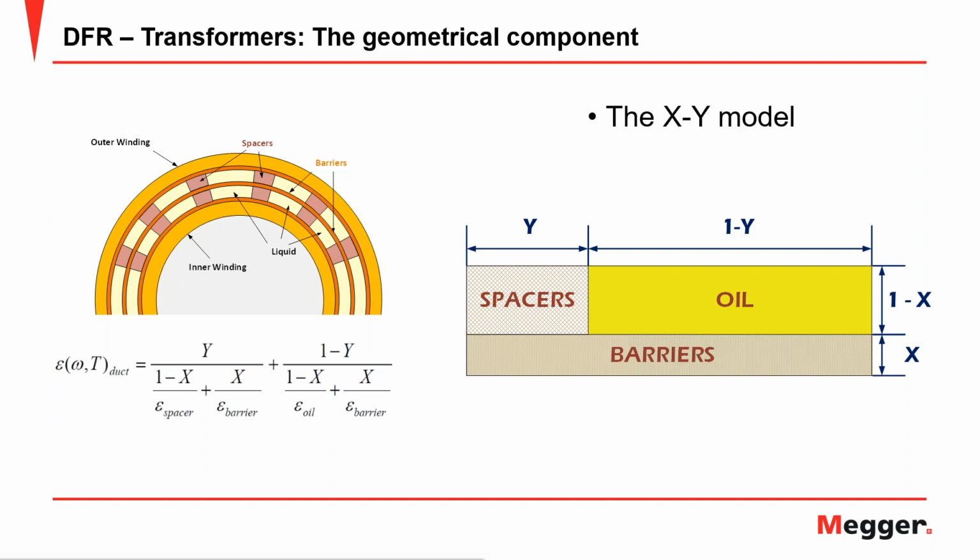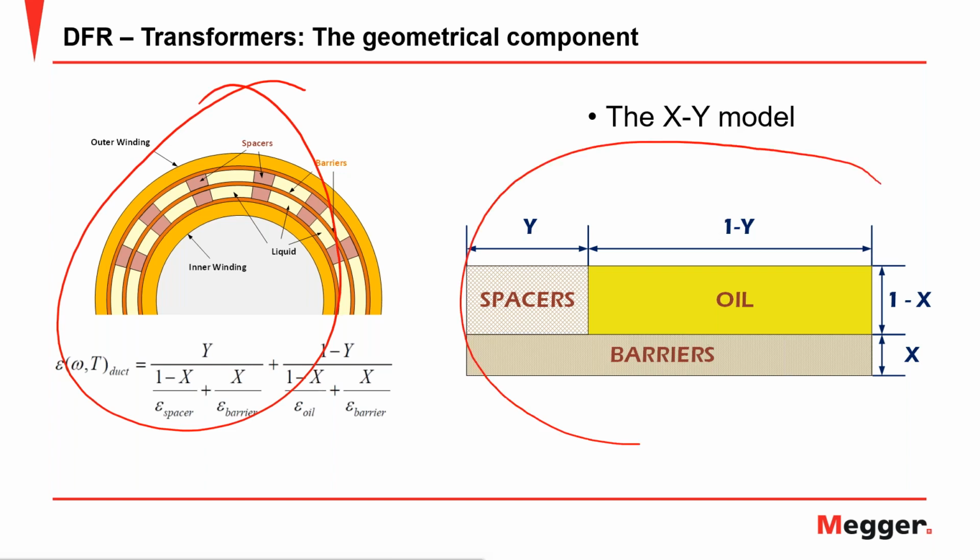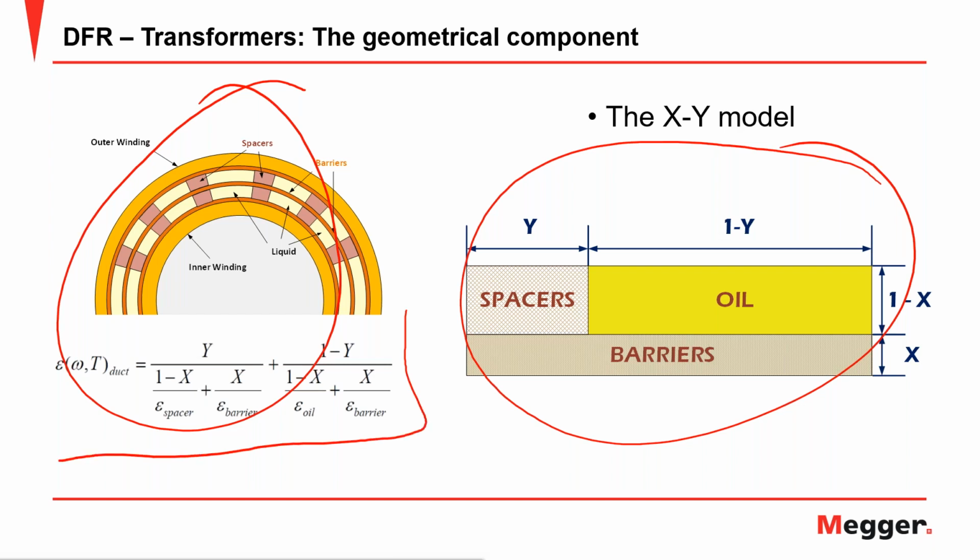This three-dimensional system is, in reality, converted into a two-dimensional system in the XY model. That way, we look into the capacitance or the complex permittivity of each material, and based on that, we do our complex analysis, which is basically this equation here.